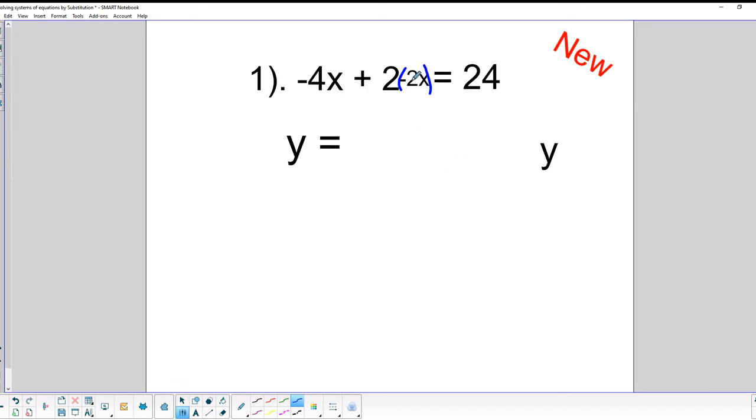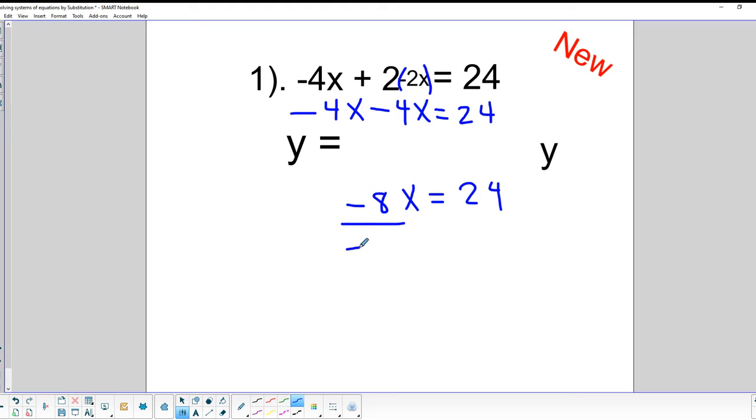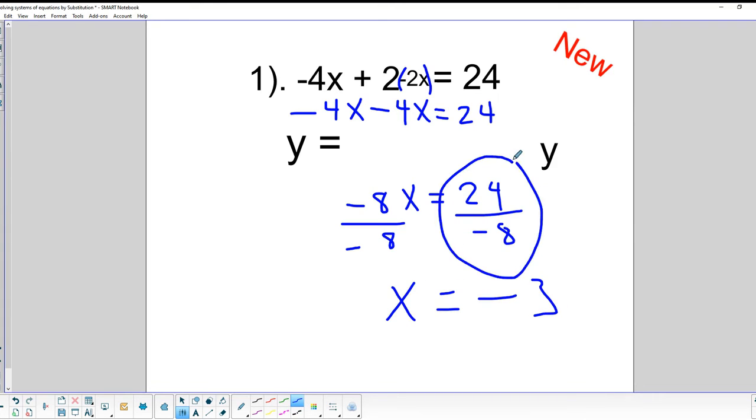So when we multiply that out, we end up with negative 4x minus 4x equals 24. When you combine those two negative 4x's, we get negative 8x equals 24. And that would result in us dividing both sides by negative 8. And we would end up with an x value that was equal to negative 3 when we did this division.